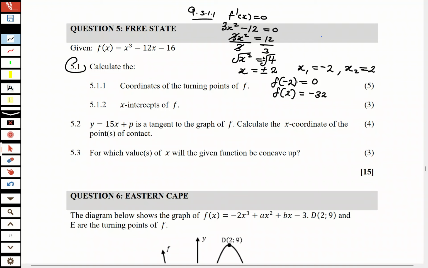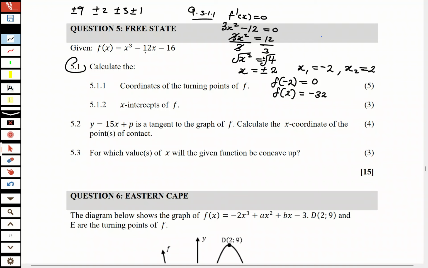So you have 0, you have negative 32. Guys, remember, whenever you want to calculate the x-intercept of your cubic function, you'll start trying values between, let's say, plus minus 9, plus minus 2, plus minus 3, plus minus 1, and substitute here to solve for the x-intercept.